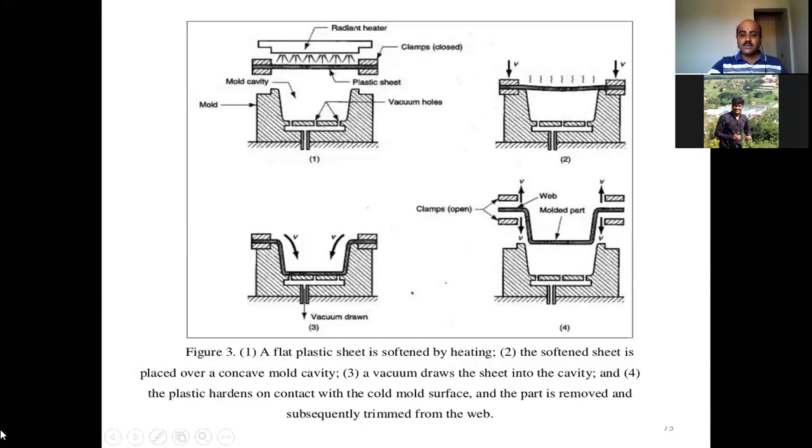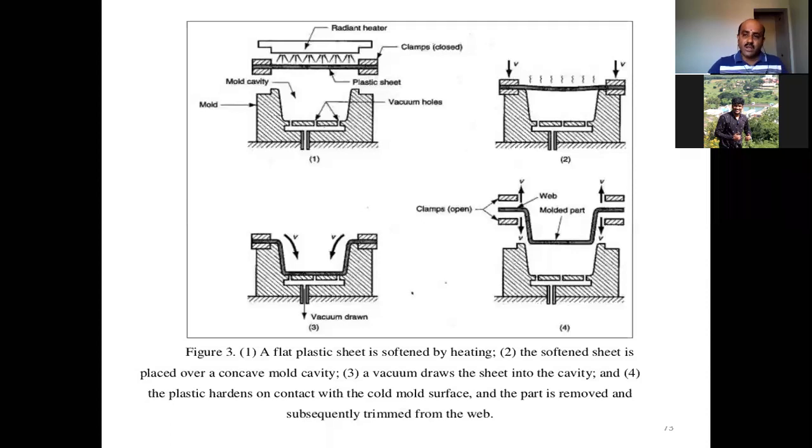Once the plastic comes in contact with the cold mold, it gets hardened, and after some time you can take out the hardened part, remove the clamps, release the part from the mold, and trim it. If you find any unwanted material, you can trim it off. So this is what we call thermoforming.